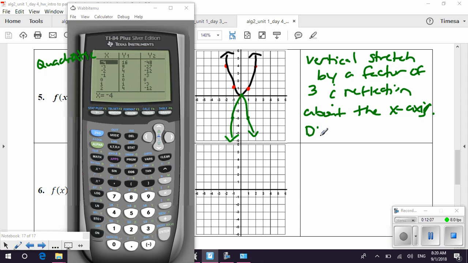The domain is the same, negative infinity to positive infinity. The range is from negative infinity to 0.